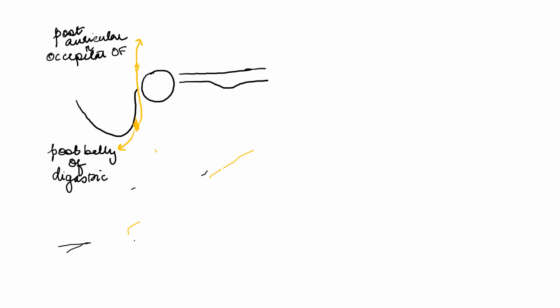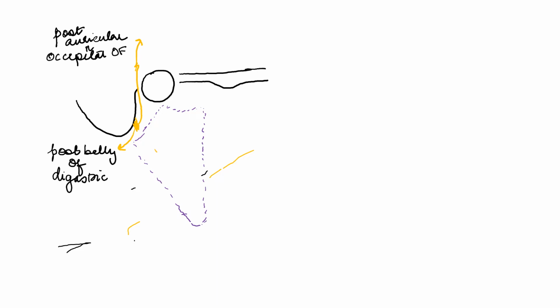Thereafter, the nerve enters into the parotid gland. So let's make the parotid gland out here. I'm just drawing the position. This is how the parotid gland would be. This would be its apex below, right?